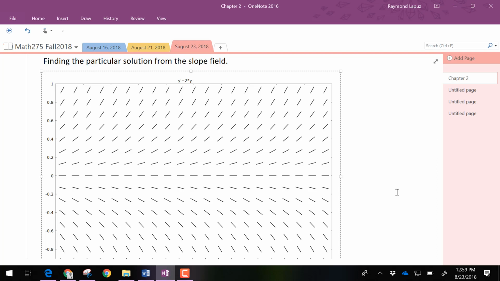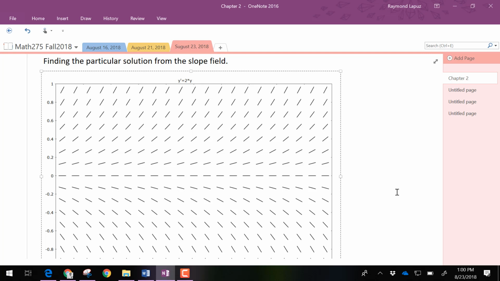But when we're talking about an initial condition, remember, you're guaranteed that you will find a solution on some interval and the solution will be unique. You're guaranteed those two things. Now, if you don't have an initial condition, then you just have a general solution for your differential equation, which means you'll have a family of curves.